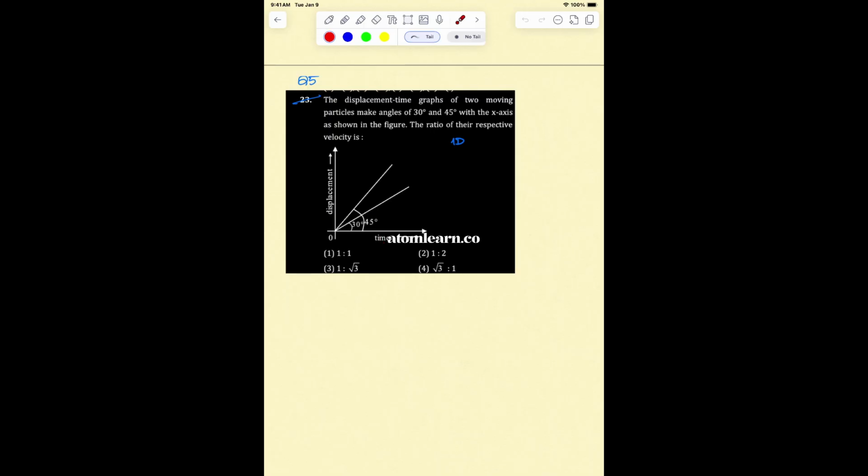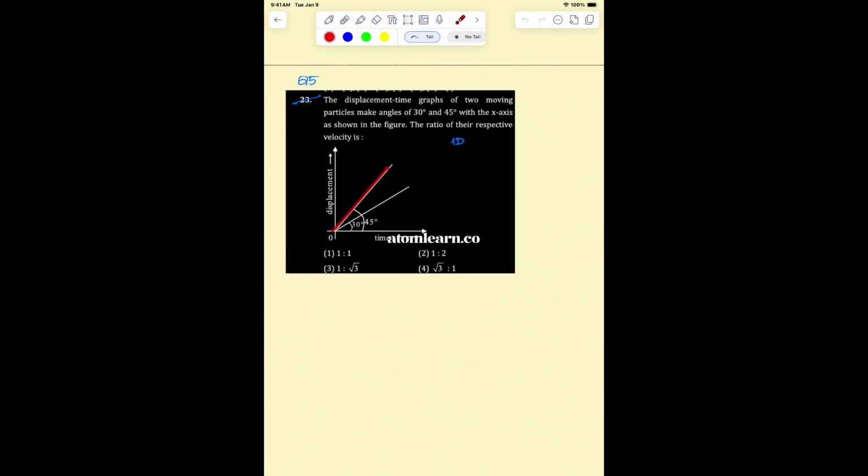Therefore, the slope gives you ds by dt, which equals velocity. Because it is a straight line, ds by dt, that is the slope, is constant, which means velocity is constant. The two straight lines represent two different particles, and each has a constant slope, which means ds by dt is constant, so velocity is constant.